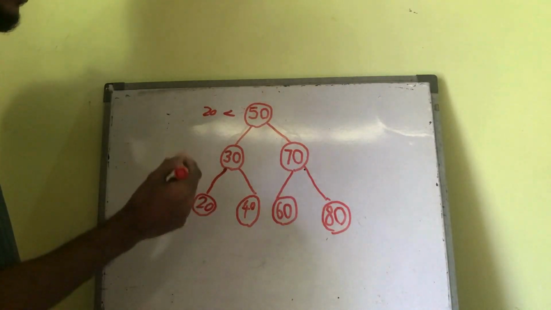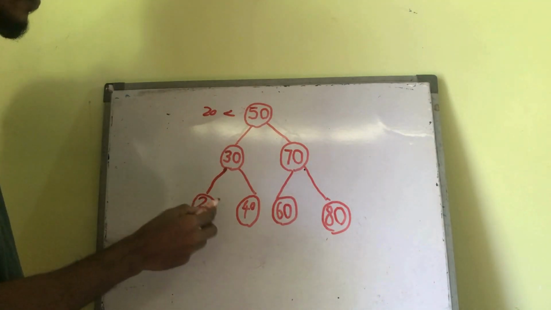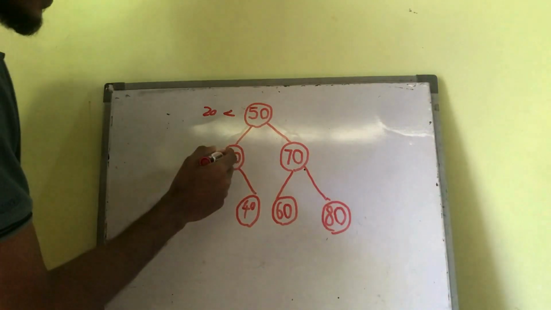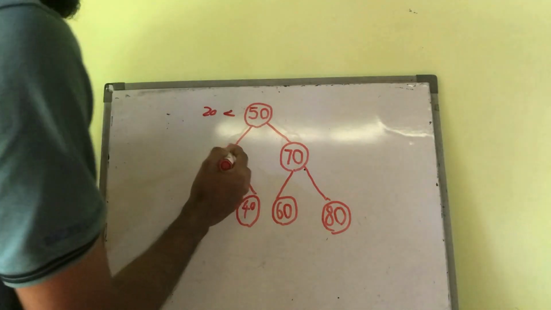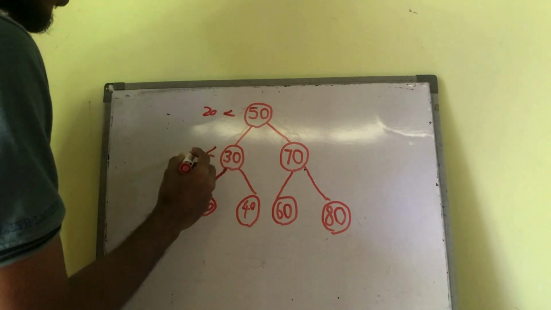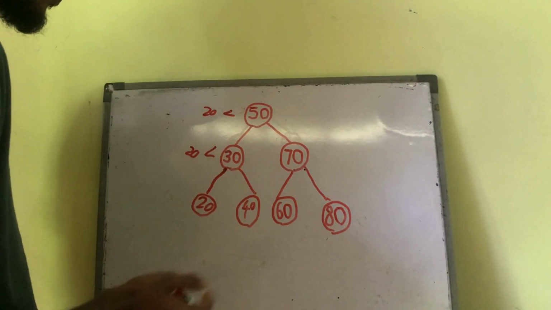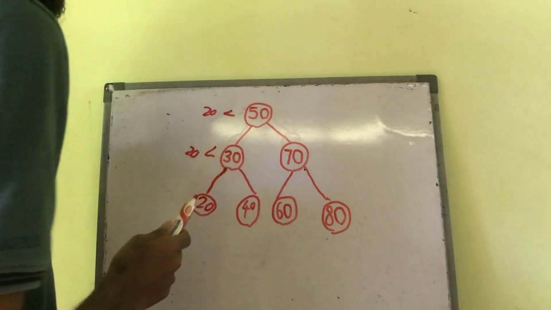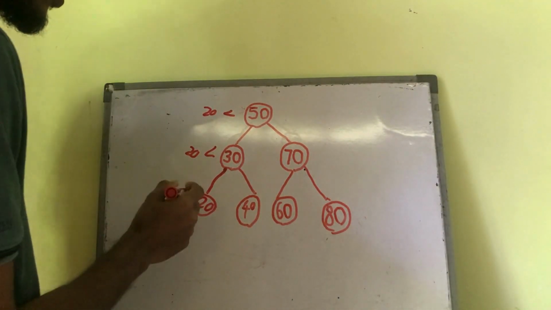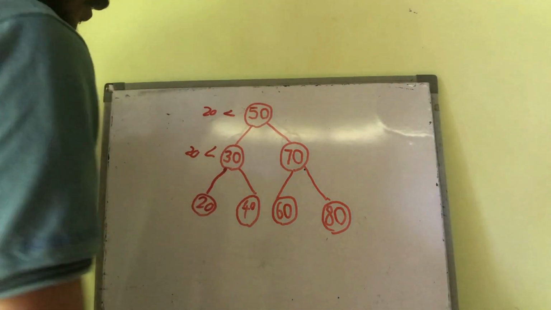So 20 is less than 50, it is on the left side. We need to travel there. After that we find the 30 node. 20 is less than 30, so it is definitely on the left side. So we can find the 20 element here.